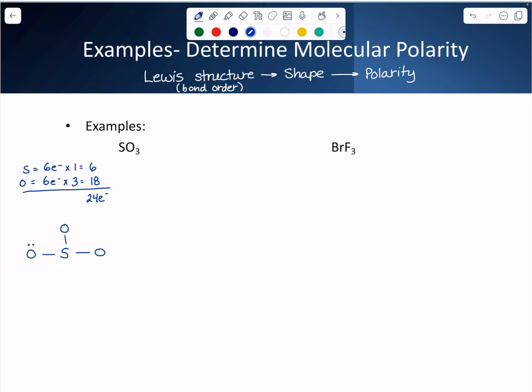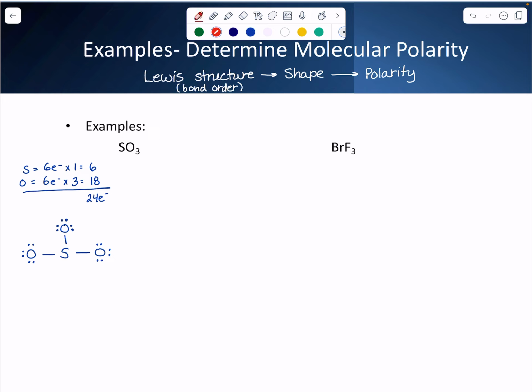So we would start by putting those around the oxygens, and that would get us to our 18 electrons that we need to place. So we've got 18 in lone pairs, plus 6 in our 3 bonds, making 24.